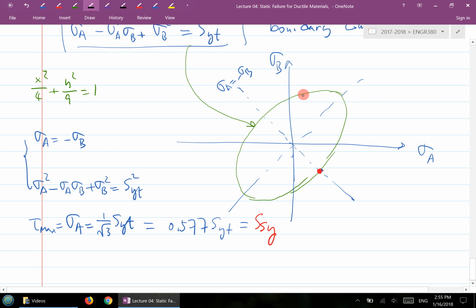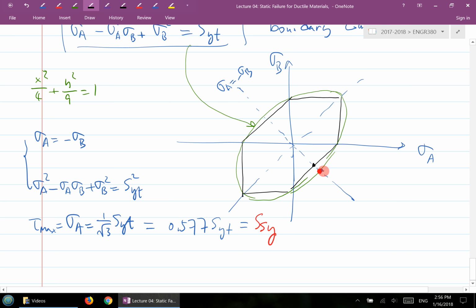Once you put these two together, you get a relationship like this. The black one, representing MSS, is inscribed inside the green one, which is the DE theory. So this explains very well graphically that the MSS theory predicts a lower shear strength compared to the shear strength predicted by the DE theory, right?